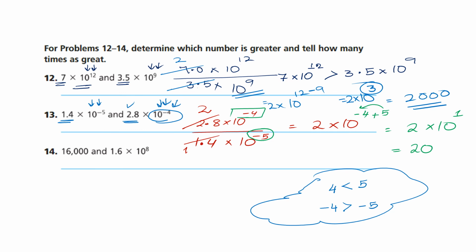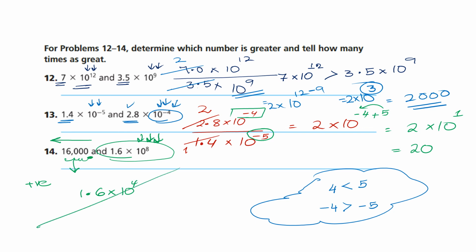Let's do the last one. So 16,000. Write it in scientific notation, which means the decimal is here. Move it to the left. Moving to the left gives us a positive power. Okay, how many times? 1, 2, 3 and 4. So 1.6 into 10 to the power of 4. Compare it with 1.6 into 10 to the power of 8. So of course 1.6 and 1.6 are the same, but the power of this is bigger than the power of that. So let's compare.